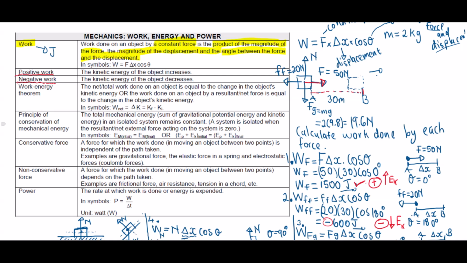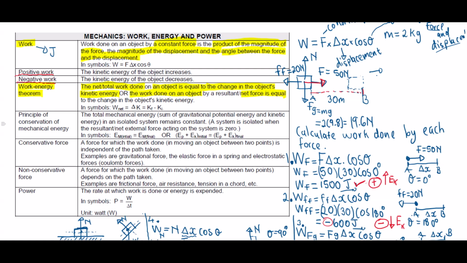The work energy theorem tells you that the net work done on an object is equal to the change in the object's kinetic energy. Or you can simply talk about the work done on an object by the net force is equal to the change in the kinetic energy of the object.